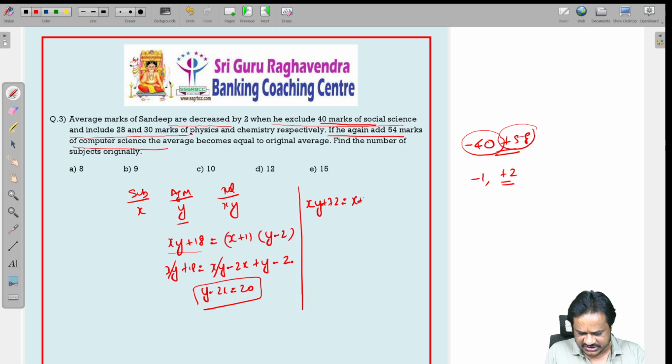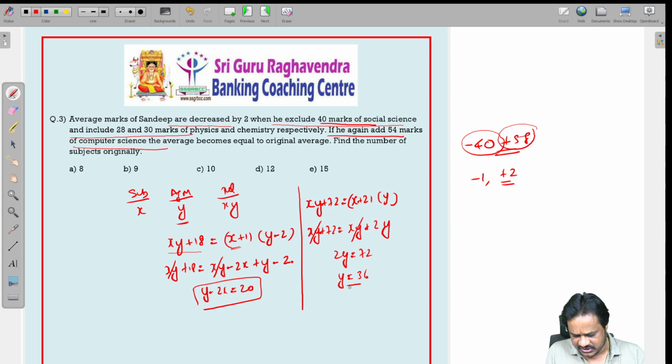Now total subjects will be x plus 2. Why? Because already x plus 1, now it is x plus 2. Again the average will be the same, which means y. Now if you do this calculation, we get xy plus 72 is equal to xy plus 2y, where xy cancels, 2y is 72, y value is 36.